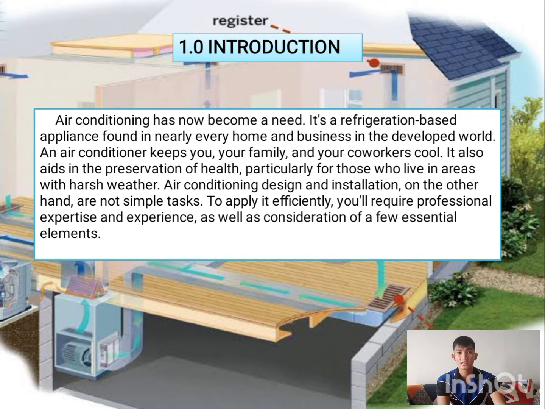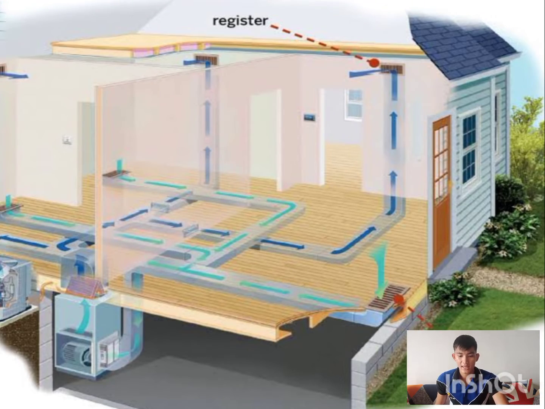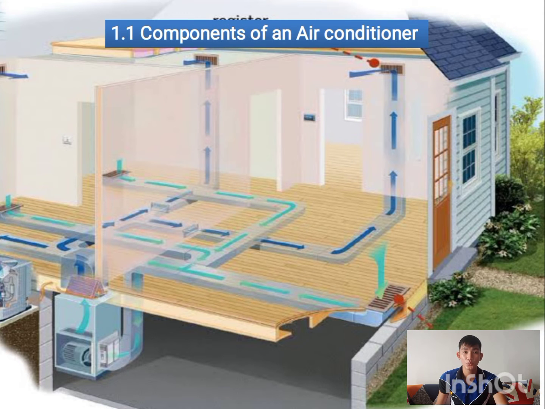It is not only for humans but also to cool the temperature of electronic devices, to avoid burning or damage to electric devices because of heat. And then let's proceed to the components of an air conditioner.